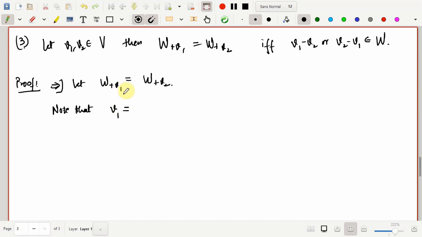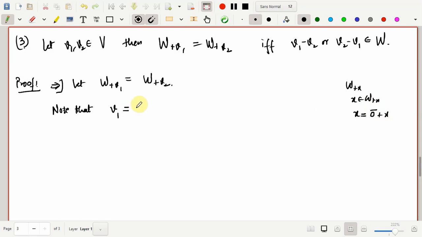In fact, through this proof you also get to a conclusion of many important points. For example, when I say W plus X, X belongs to W plus X. The reason is very clear. X can be expressed as some element, in fact the zero element, plus the fixed element X, right?